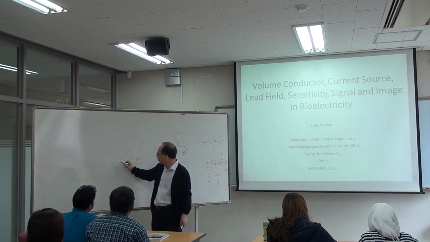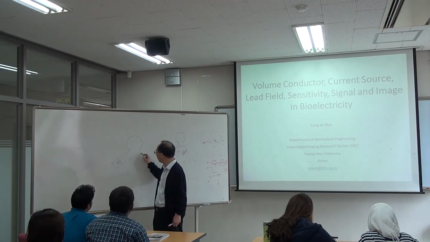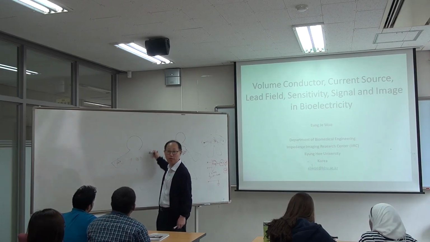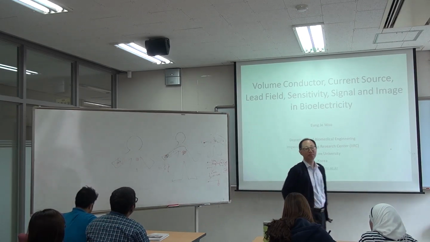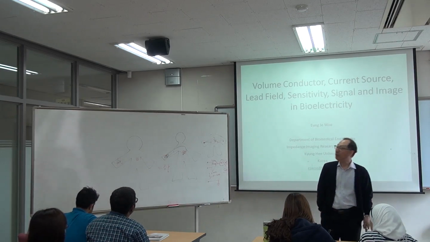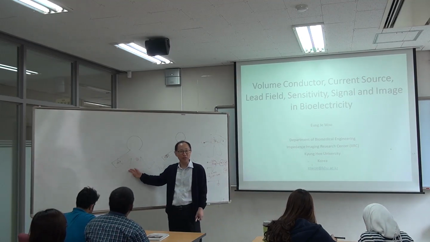The current will flow this way. So there's going to be a little bit of current flowing in this way. But there's going to be almost zero current passing through the heart because that's going to be too far. So it's not possible to measure ECG in this configuration or in this configuration.